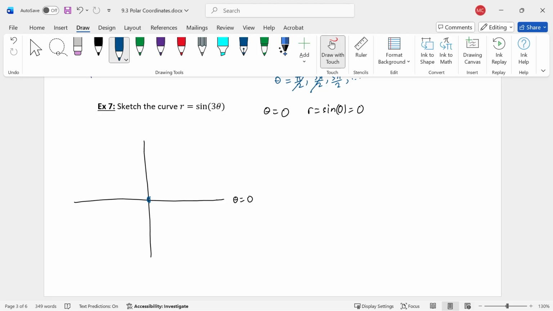All right, what else do I need to draw? I need to draw what my maximum radius would be. And the maximum radius is 1, so we'll put some marks for 1. And we'll draw a dotted circle so that we put those points at the right distance.